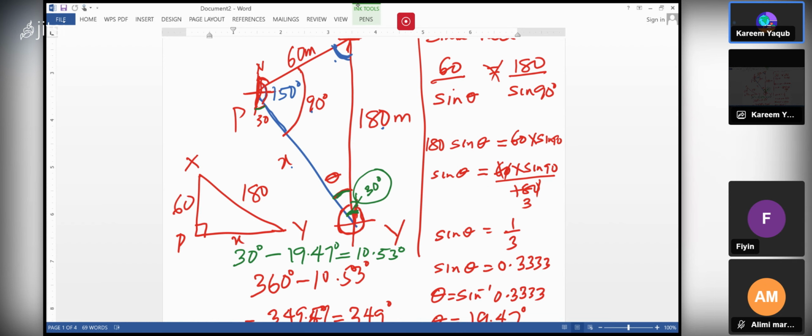So when you remove 19.47 here, it will remain this small angle. So that is 10.53 that we got. It is that one that we're going to remove from 360 degrees to give us the bearing of x from y.